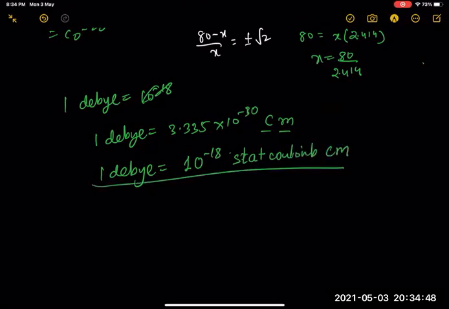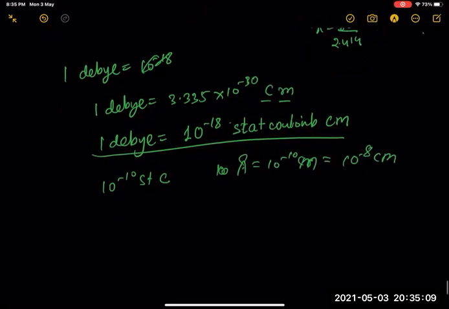This is what we'll use here because they have given that the charge is 10 power minus 10 stat coulomb, and the separation they have given is 1 angstrom, which is 10 power minus 10 meter, which is equal to 10 power minus 8 centimeter.